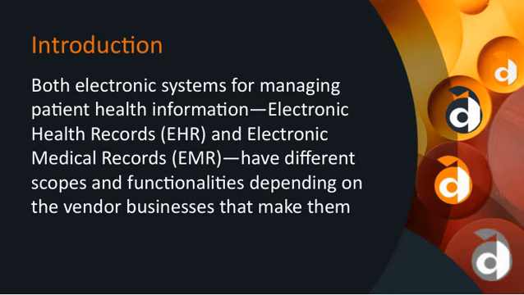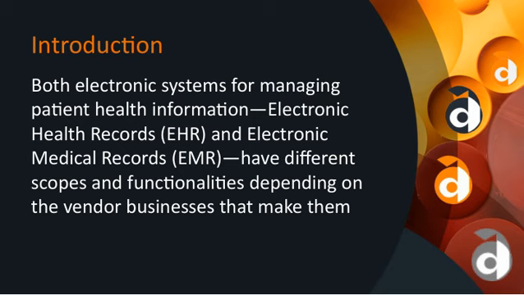Let's start by talking about the introduction to electronic systems for managing patient health information. As many of you know, there are two main types: electronic health records, or EHRs, and electronic medical records, or EMRs. While they both serve the purpose of digitizing health data, they actually have different scopes and functionalities. The key thing to understand is that these differences often depend on the vendor businesses that develop them.